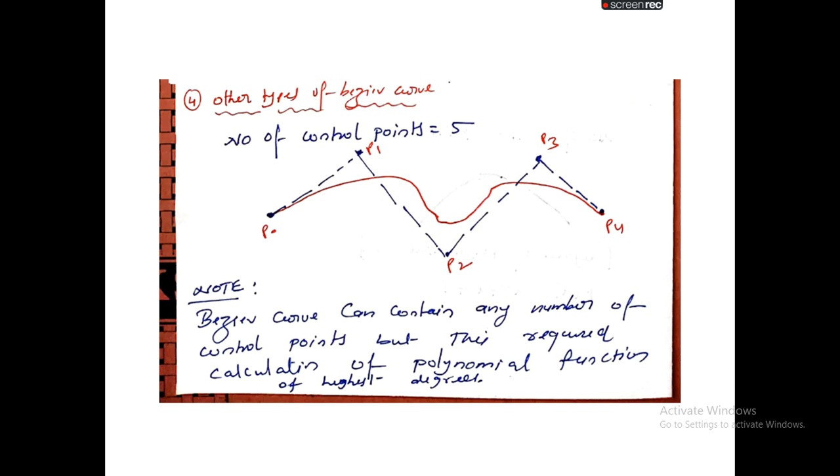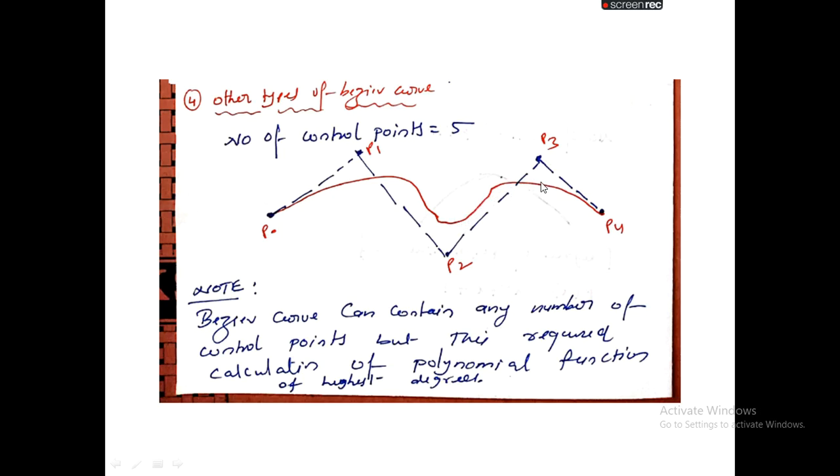See, I drew part of the curve from the tangent P0 to P1 like this. Another part of the curve I drew from the tangent P1 to P2 like this. From the P2 to P3 tangent I drew the curve shape like this.